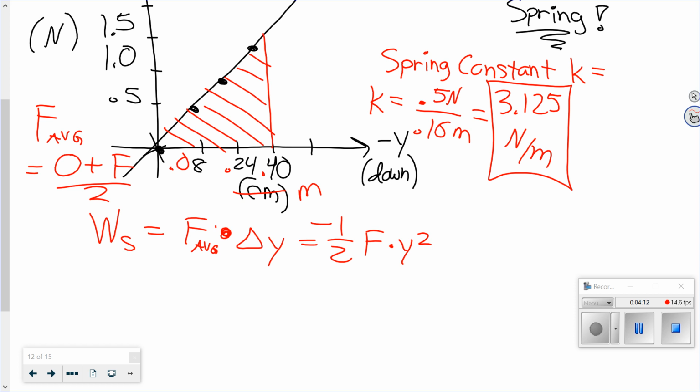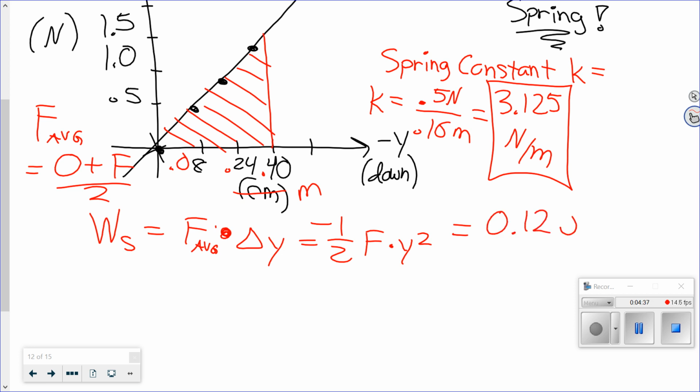How much work is it doing? So I have to do 0.5 times my maximum force, which is 1.5, times 0.4 meters squared. That's not bad. A teeny tiny amount of joules. I get 0.12 joules.